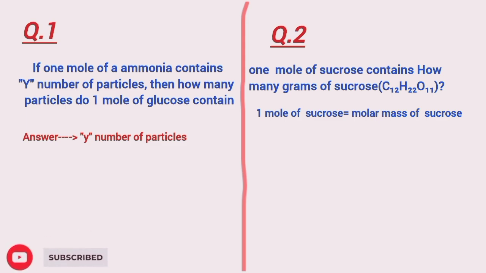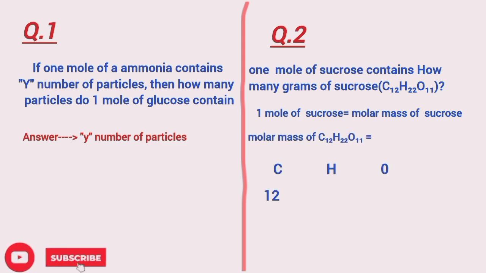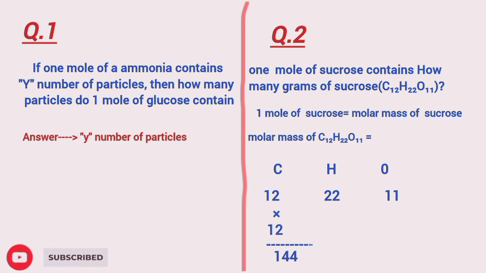Now let's calculate the molar mass of sucrose. In sucrose, there are 12 atoms of carbon, 22 atoms of hydrogen, and 11 atoms of oxygen. Carbon has a molar mass of 12, hydrogen has a molar mass of 1, and oxygen has a molar mass of 16.